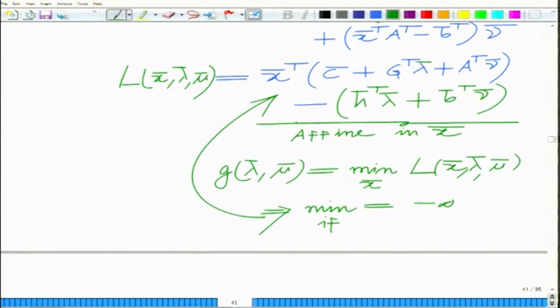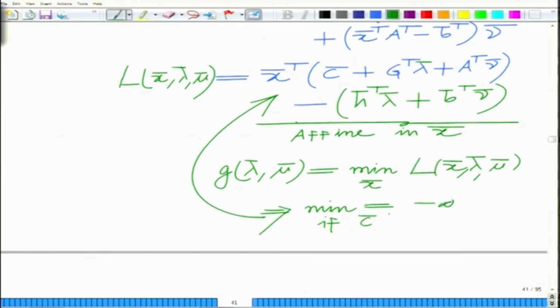By choosing x appropriately I can always take it to minus infinity. So, this is minus infinity if c bar plus G transpose lambda bar plus A transpose nu bar is not equal to 0.